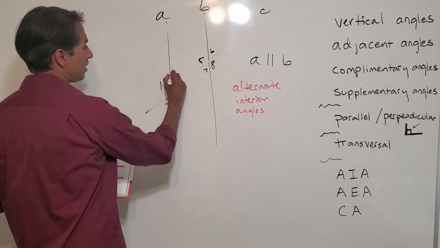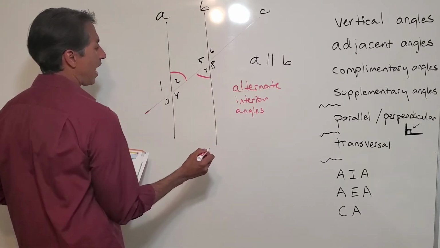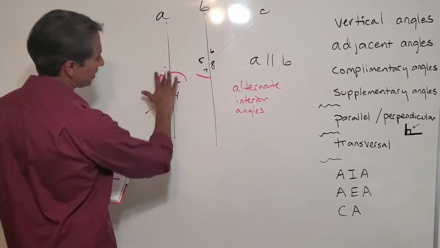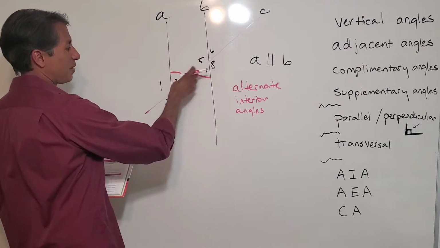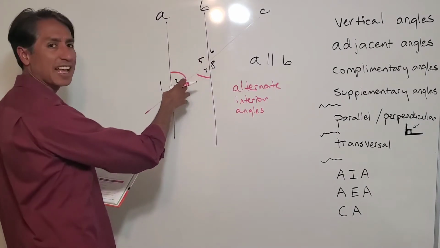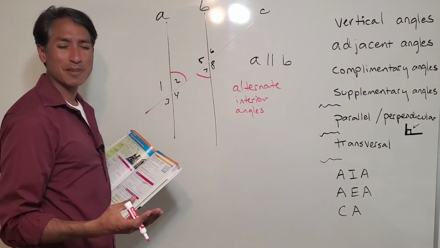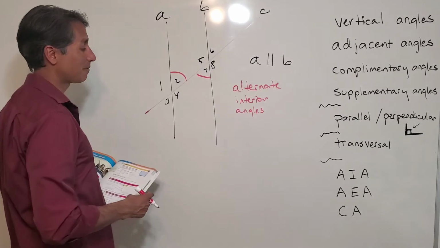And so alternate interior angles could be listed as like that and that, because they're alternating. It's kind of like this side of the line, that side of the line, this side of the line, that side of the line. But they're also interior because they're on the inside of the situation here. These guys on the outside would be the opposite, which means they would be the exterior lines, okay?